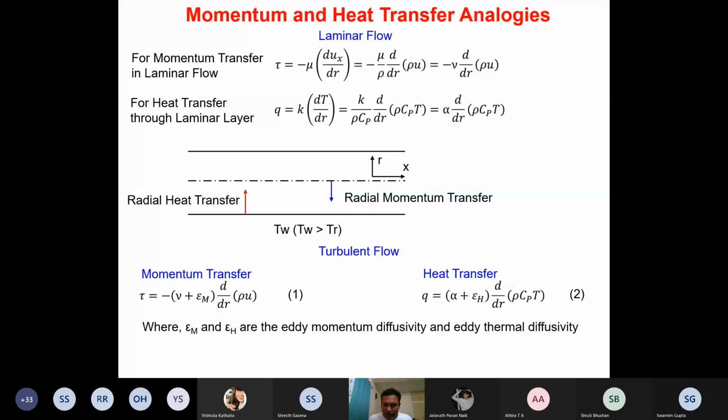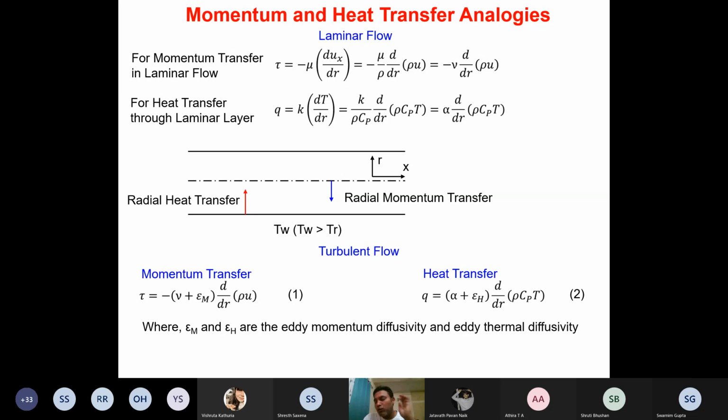Now what we are going to see today is, so far we were making correlations based on experiments, finding the heat transfer coefficient, and putting it directly into the heat transfer problem and solving. Now, researchers have said that we can find this heat transfer coefficient directly by performing an analogy with momentum transfer.